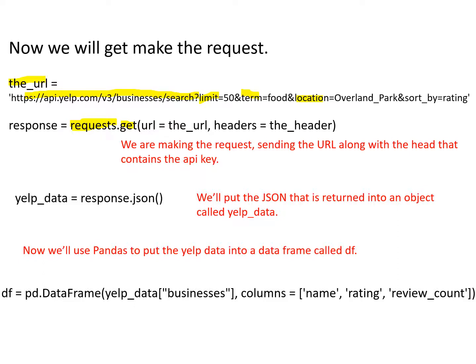Then we send in the URL, which is the variable we just created. And for headers, in the previous slide we created a variable called the header that had our API key in there, so we'll pass that in for the header. So we're making the request and sending along the URL and also this header.